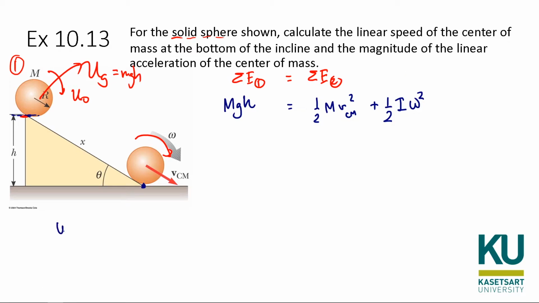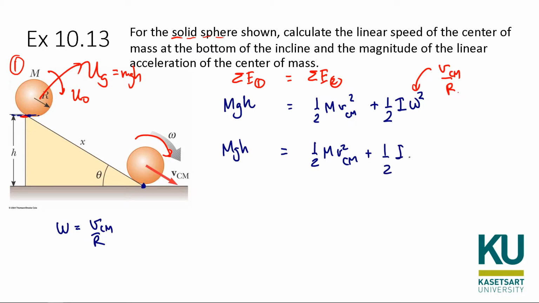Since you know that omega equals v over R, or v_cm, as we stated previously, we substitute v_cm over R here. So what you get is mgh equals 1/2 m v_cm squared plus 1/2 I v_cm squared over r squared.